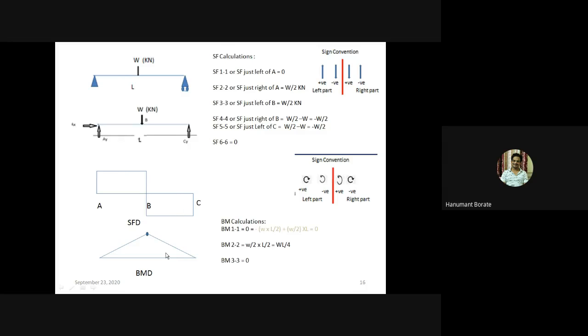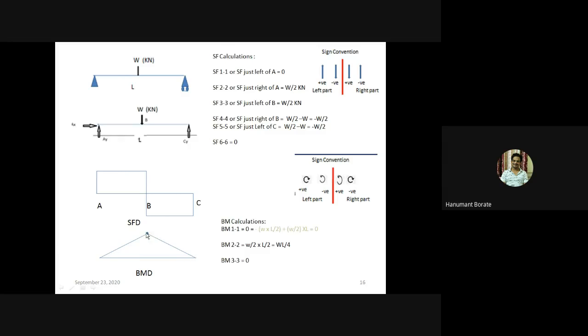Now we'll see how to draw the bending moment diagram. Okay, these are the bending moment calculations. Now in the bending moment diagram, you can see here at the A point bending moment is 0. At the C point, meaning at section 3, bending moment is 0, right?